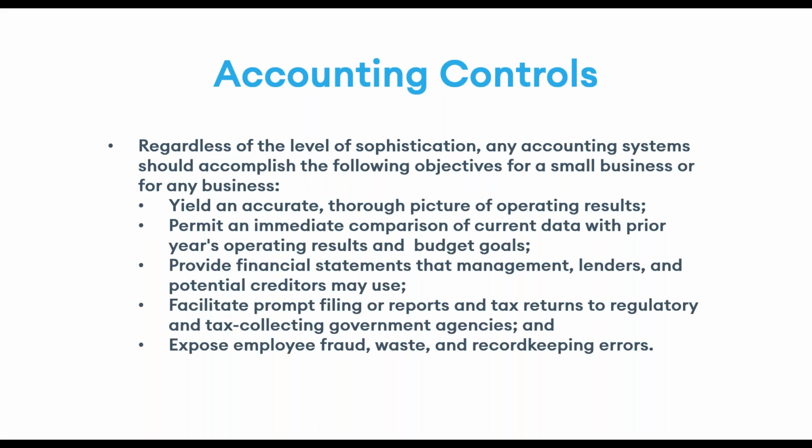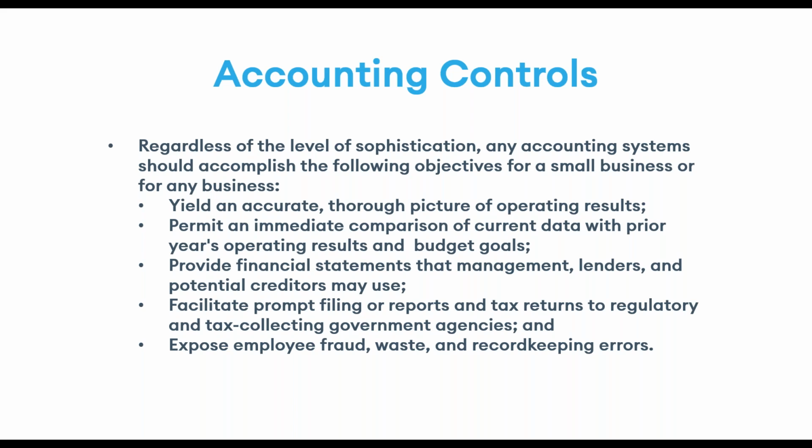And then regardless of the sophistication of your accounting system, your internal control system should also yield an accurate and thorough picture of operating results. It should allow you to compare current data with prior data. It should provide financial statements that management can use, and your lenders could use, and even potential creditors may use.